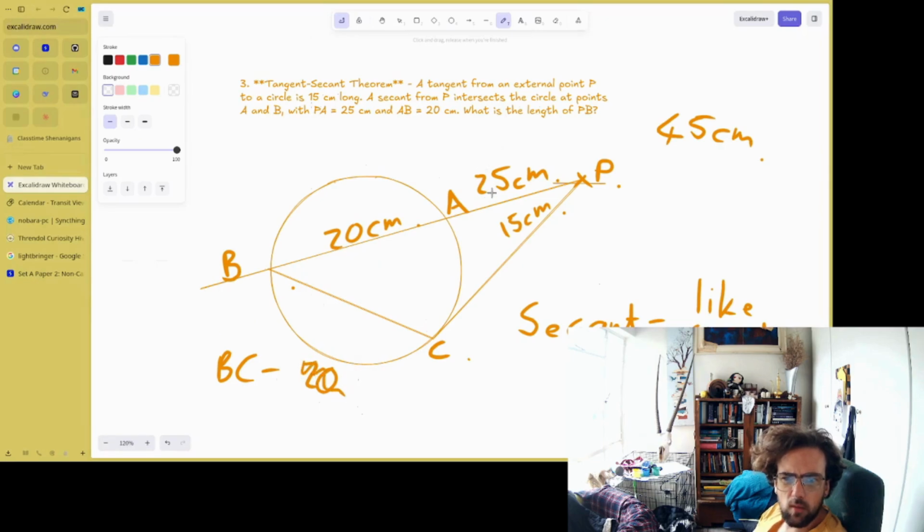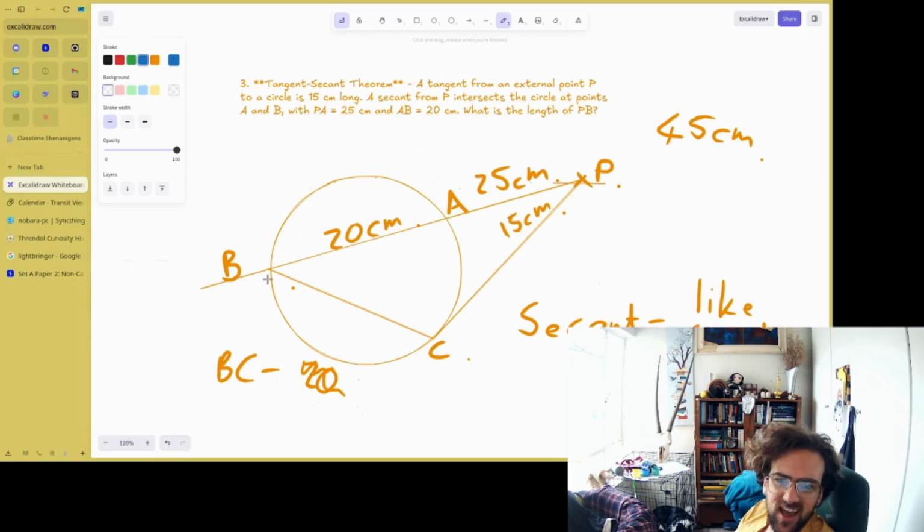Well, I just want to see something quickly. Tangent from an external point P to a circle. This could be drawn in a different way. I'm realizing some errors with this question.